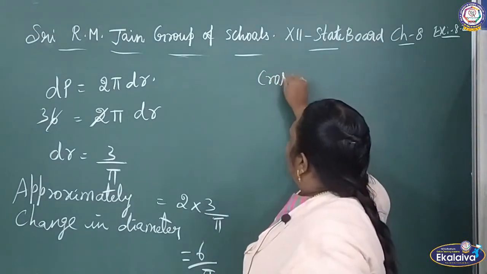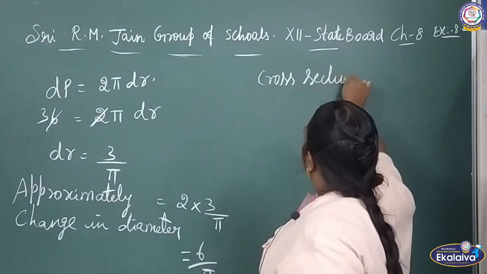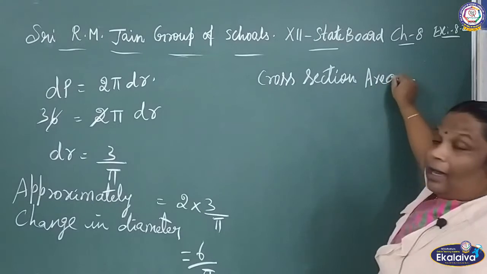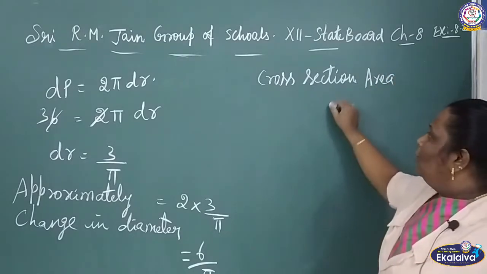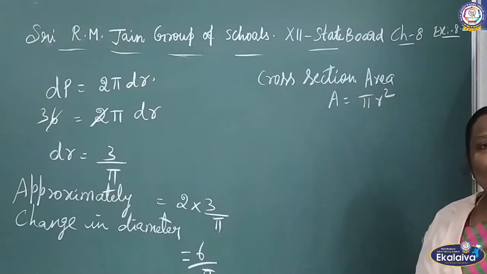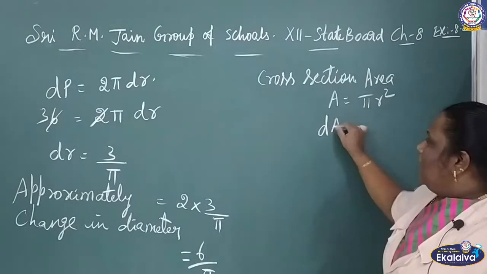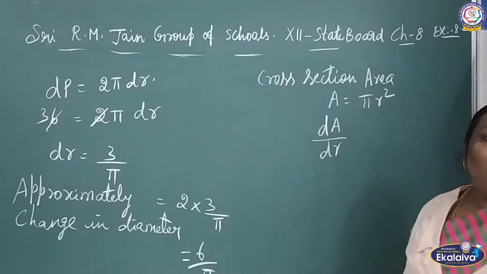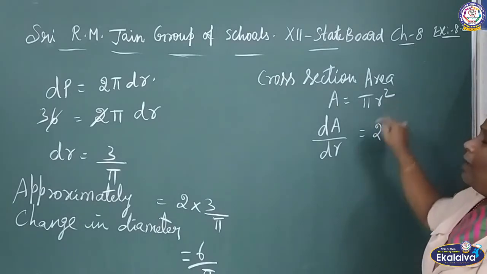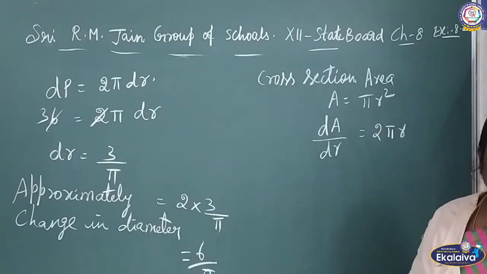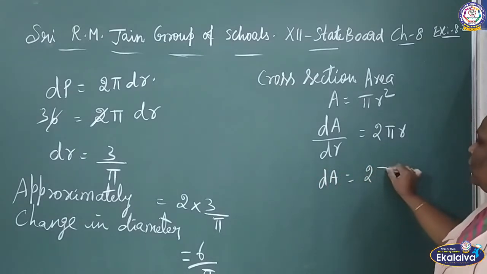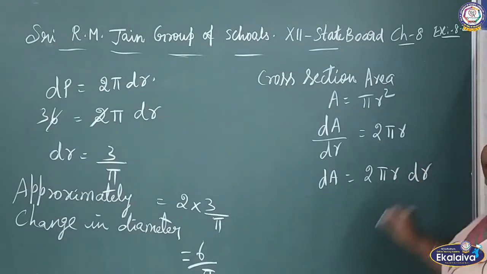So cross section area A equal to pi r square. dA by dr with respect to r, what is the value you are getting? 2 pi r, using n into x power n minus 1. So dA equal to 2 pi r into dr.